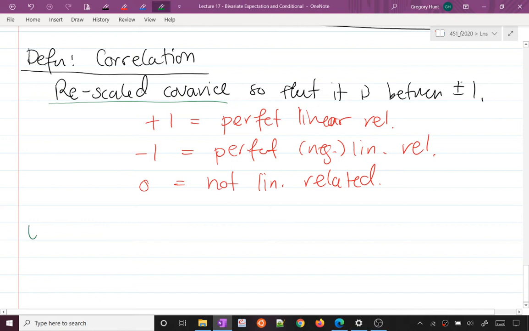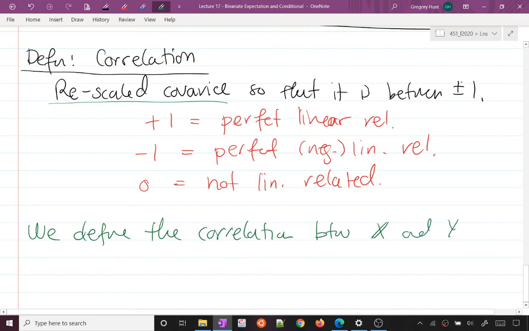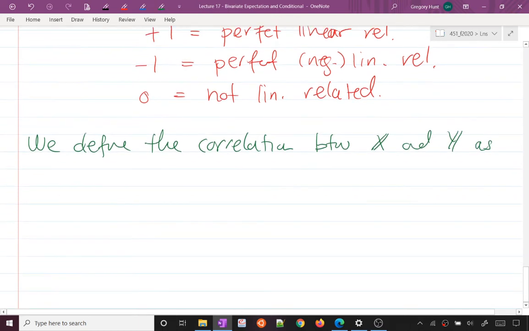And so we define the correlation between two random variables, x and y, as, and here my notation, COR for correlation.